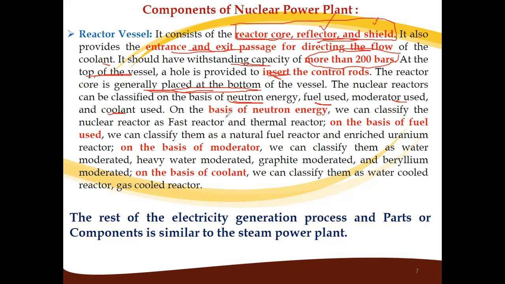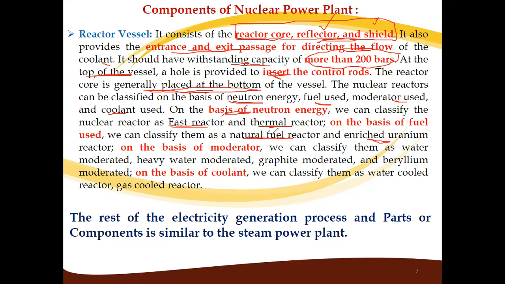On the basis of neutron energy, nuclear reactors are classified into fast reactor and thermal reactor. Second, on the basis of fuel, they are classified into natural fuel reactor and enriched uranium fuel reactor.